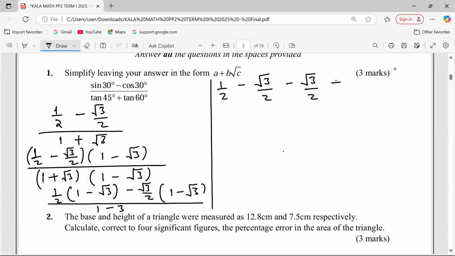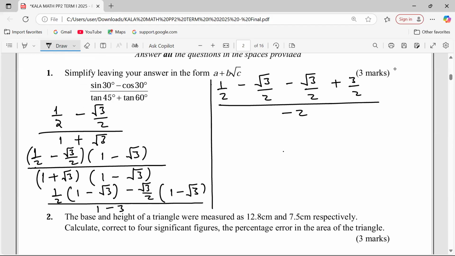That makes it a plus. So what are we adding at this point? We are adding root 3 over 2 times root 3. Root 3 times root 3 becomes root 9. Remember, root 9 is a rational number because it can be solved to become 3. Then everything here is being divided by negative 2.